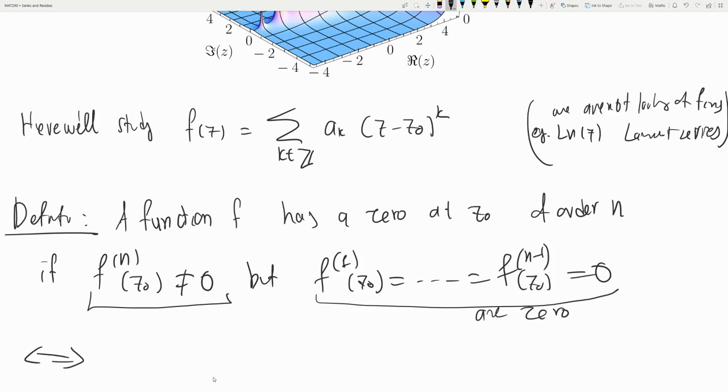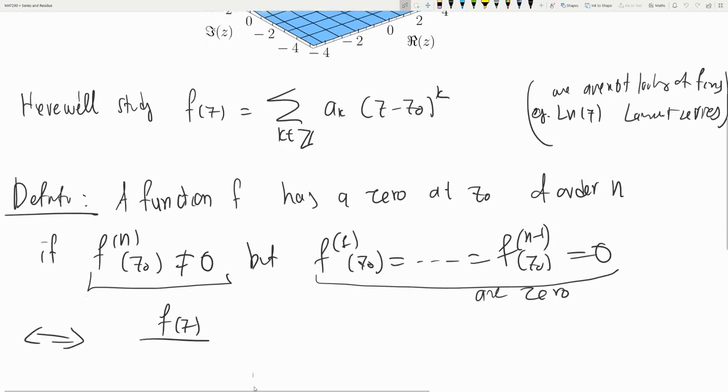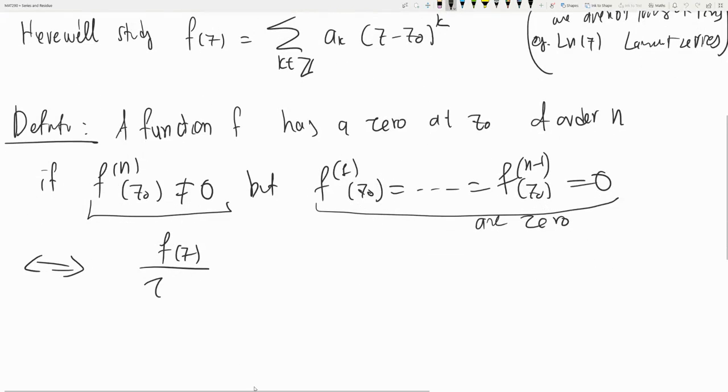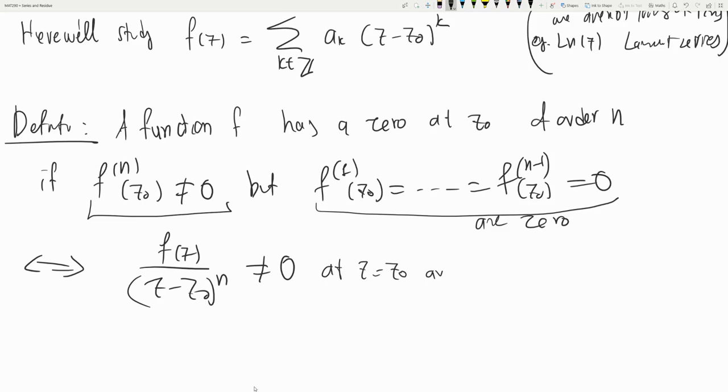Equivalently, f of z over (z minus z naught) to the n is not 0 at z naught, and it's analytic.